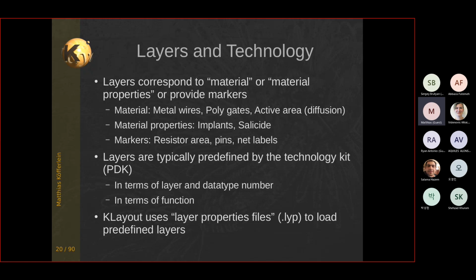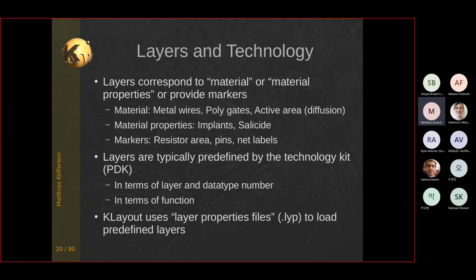And many of these layers correspond to some material features, like a certain material or a certain material property, like, for example, implant layers. They mean whenever you have drawn a shape, the substrate material gets, for example, N doped or P doped. So layers have a meaning. What I did so far is not to use a specific meaning, we were just using numbers.